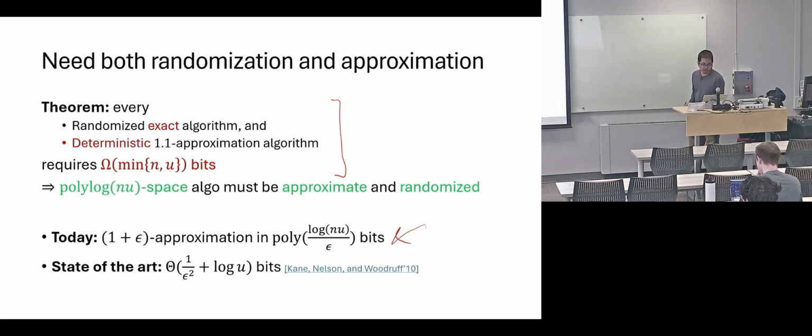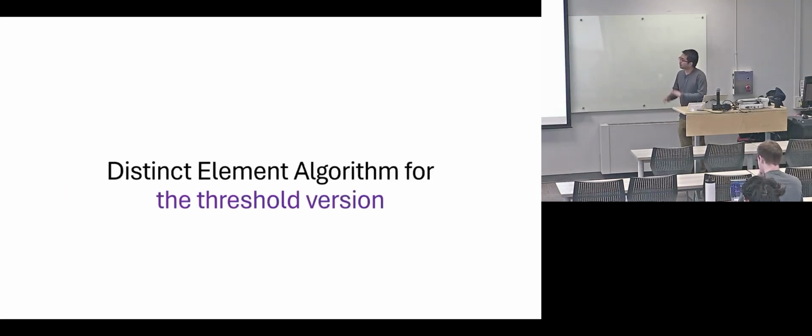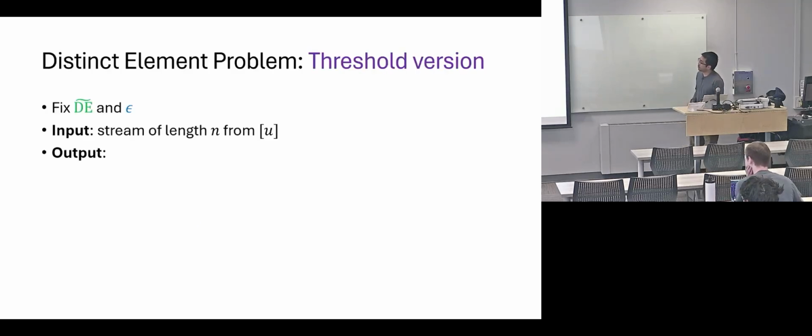All right, good. So first I'm going to look at the distinct element problem, but the threshold version of the problem. What do I mean by threshold version? I'm going to fix a threshold, DE theta, which is a threshold for the estimate of distinct elements, and fix some epsilon, which is how good an approximation I want.